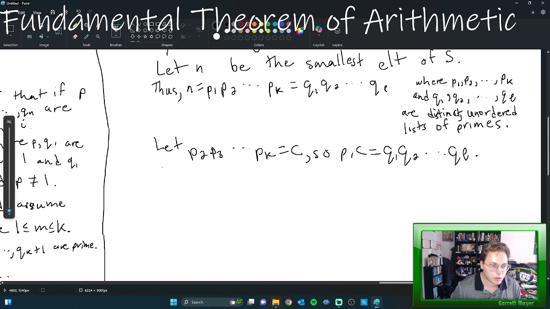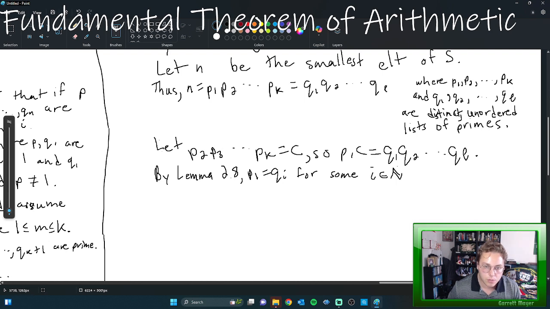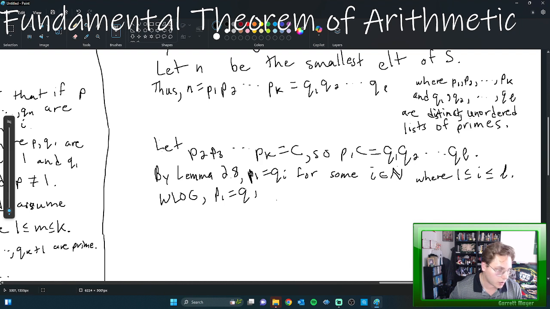So by lemma 2.8, p1 equals qi for some natural i, where 1 is less than or equal to i is less than or equal to l. Without loss of generality, because it's going to be for one of these i's and the order of these q's doesn't actually matter, p1 equals q1.